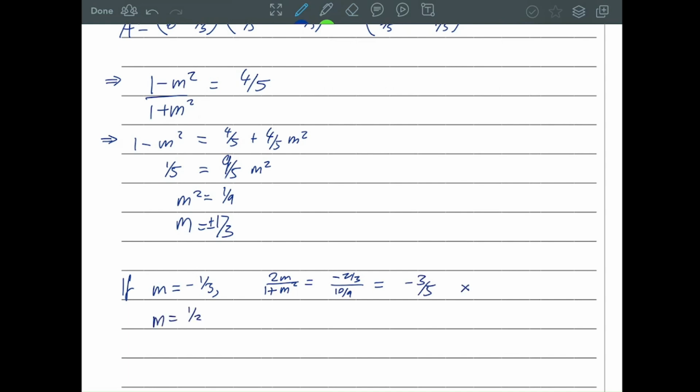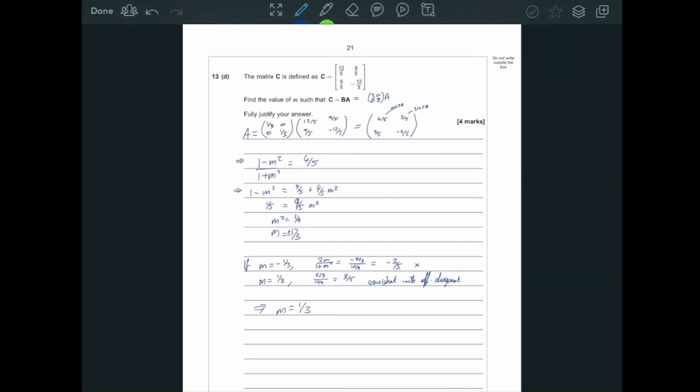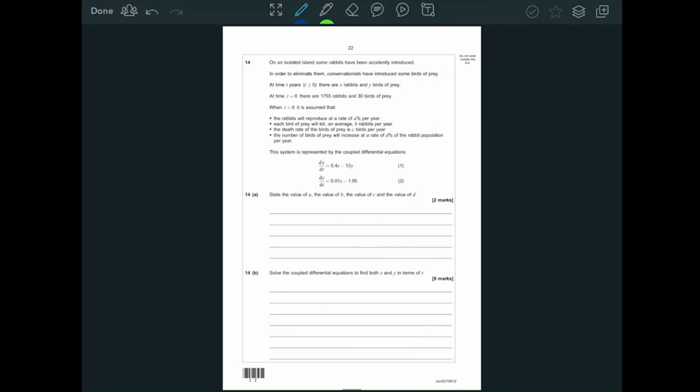But if m is 1/3, it'll be 2/3 over 10/9, which is 3/5, which is consistent with the off diagonal, which means m equals 1/3. Matrix C is given by that. Find the value of m. Yeah, appears to all line up beautifully.